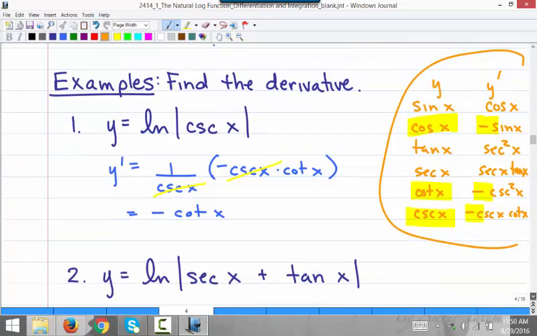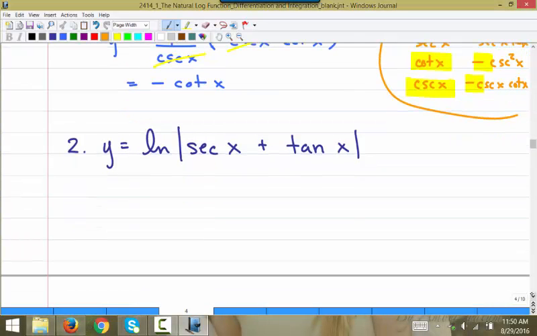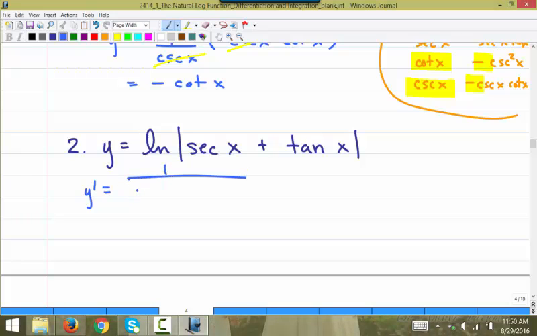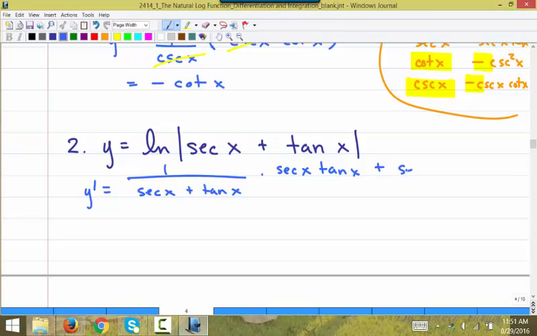All right, last one. y equals natural log absolute value of secant x plus tangent x. y prime equals 1 over secant x plus tangent x times the derivative of secant, which was secant x times tangent x, plus the derivative of tangent, which was secant squared x.